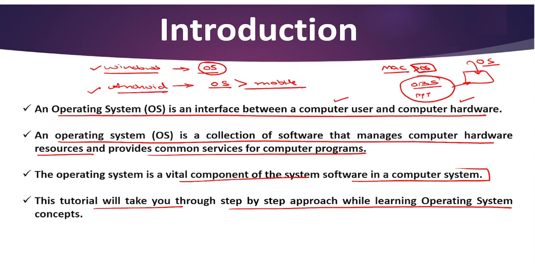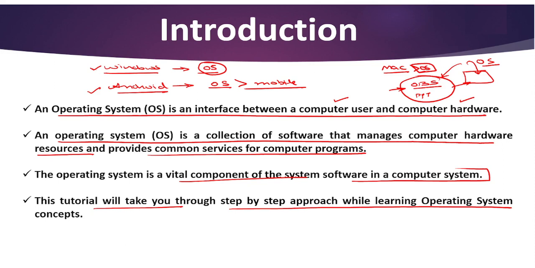If my operating system is working properly, only then will I be able to use all these softwares, right? Overall, this means that if my operating system is not working properly, if it is corrupted, then I will not be able to run any of the software available in my computer system.